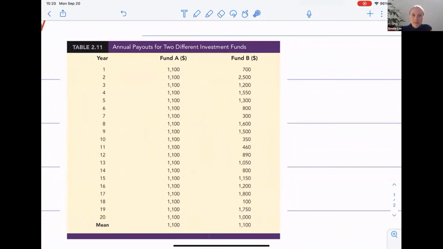We have two funds, Fund A and Fund B. Now, if I asked you just intuitively, right, which one has more variability, I think that you would choose Fund B, right? There's more variation here. There's more fluctuation as you move from year to year, right? Whereas if you kind of scroll down through Fund A, you're actually seeing no variation, right?